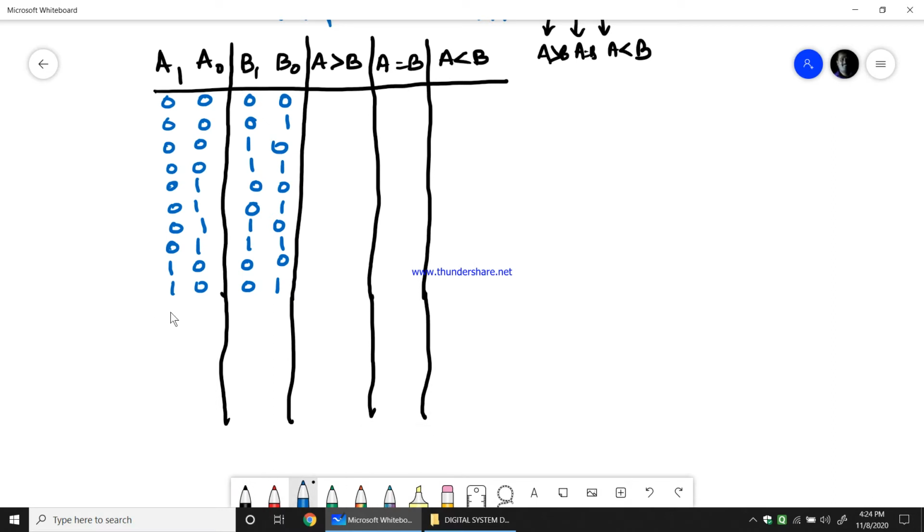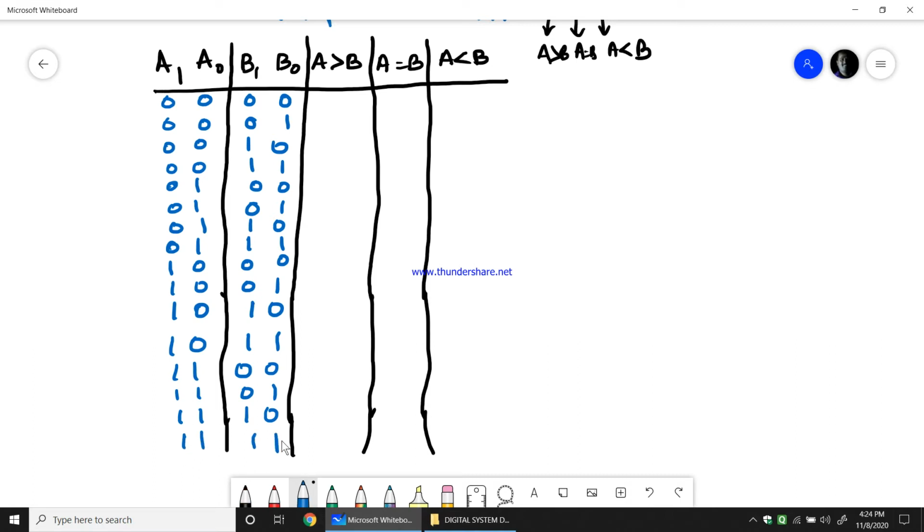So 9, so 10, then 1 0 1 1, 1 1 0 0, 1 1 0 1, triple 1 0, and finally all ones.